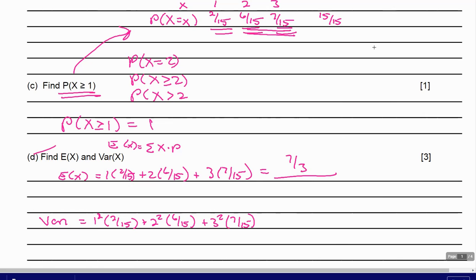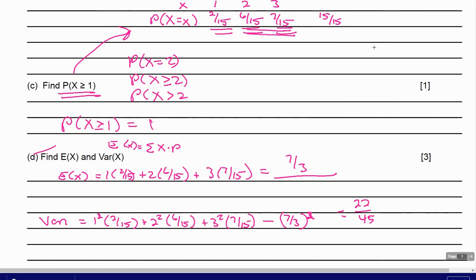All right, but the thing is, that's not all I got to do. What else do I got to do to find the variance? I got to subtract the expected value squared. So what do you get when you do that? Exactly. That's the variance.